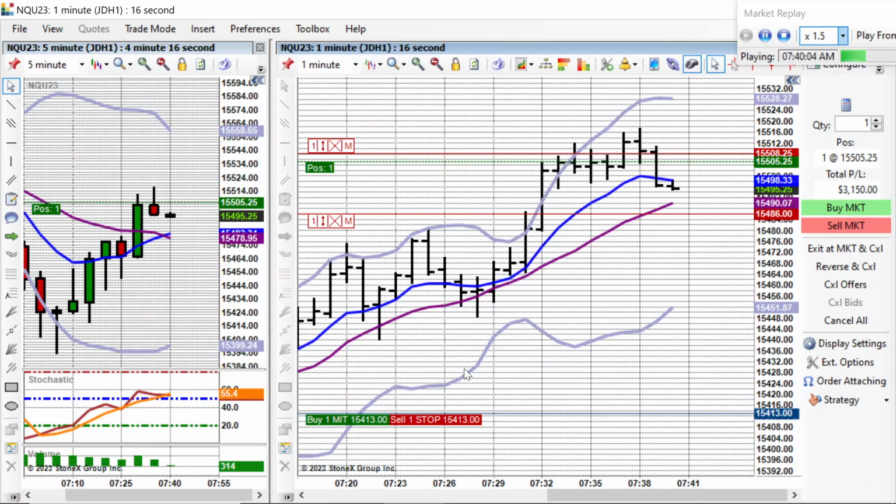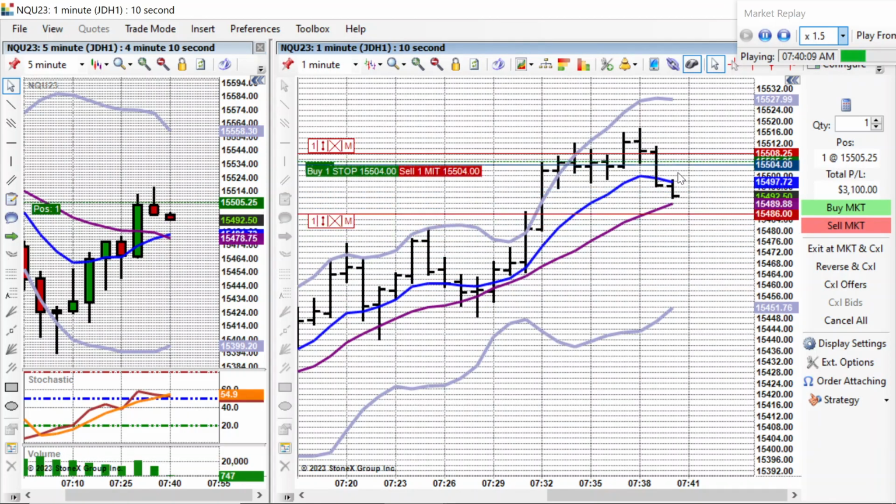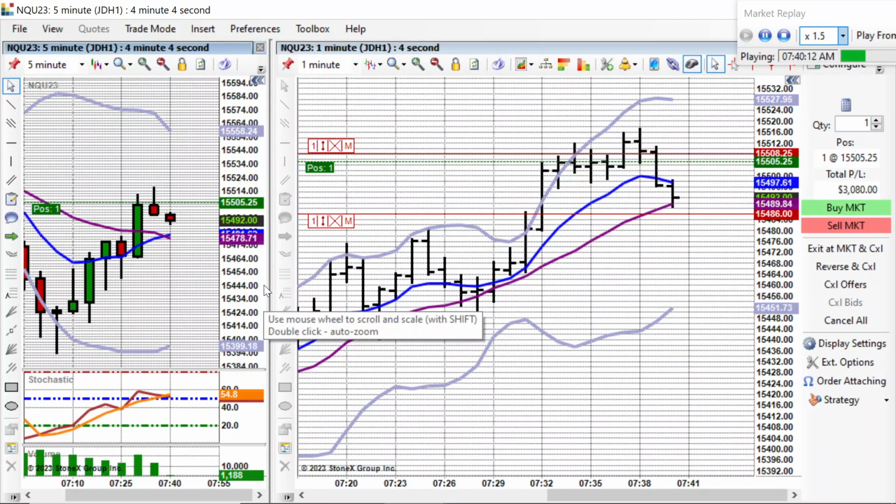Yeah, it's really bending inward, so that's not a good sign. That's usually a sign of reversal, as a matter of fact. Oh boy. I don't want to take another loss.